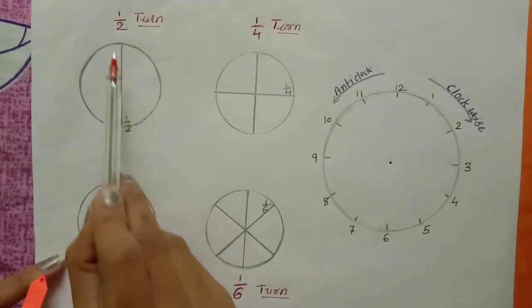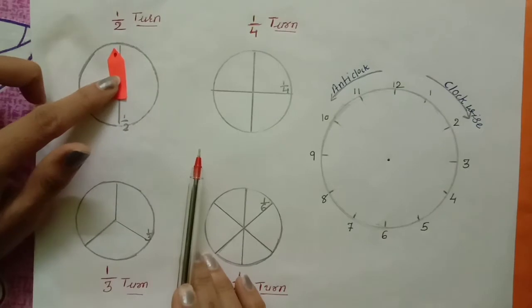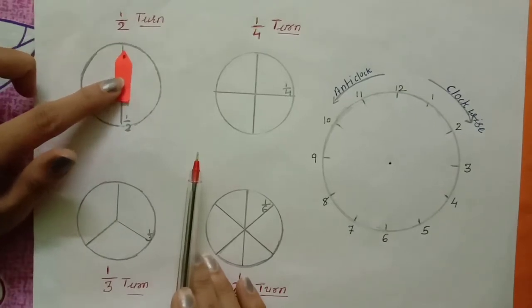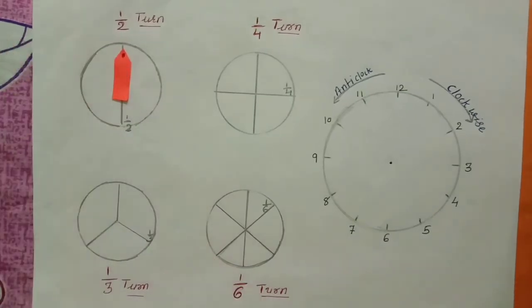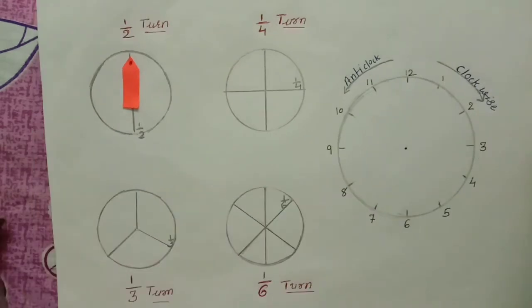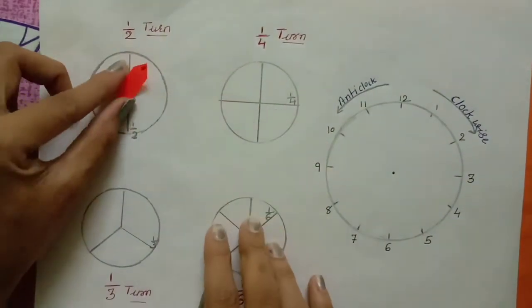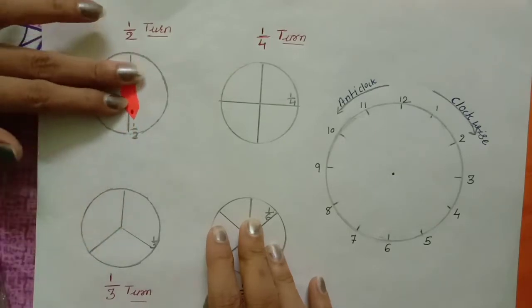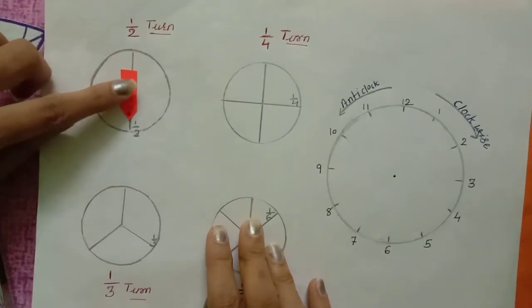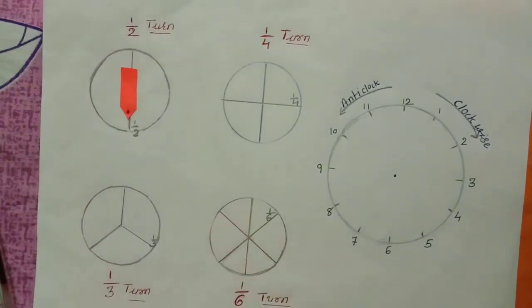Half turn. If I place an arrow, it is upside. Now if I want to turn it half, how should I rotate? It is the half. The arrow is now downwards.